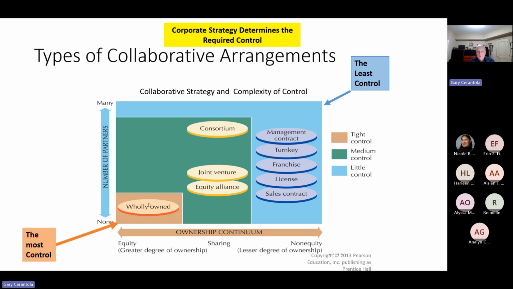So you can see that here's a wholly owned business versus a consortium or a joint venture or an equity alliance, where you still have a fair amount of sharing, and again, you still have a fair amount of control. But then when you get into this part, this is really less control, but less risk. Okay, so those are the kind of things that you need to look at.